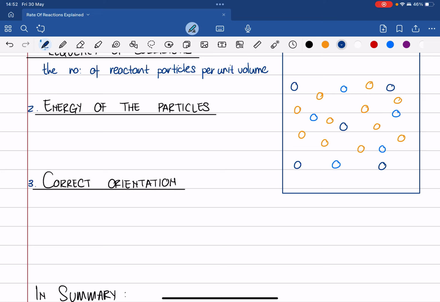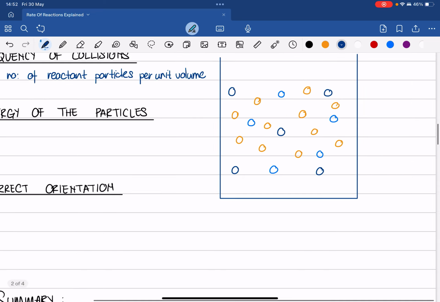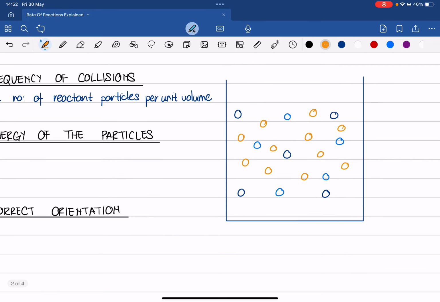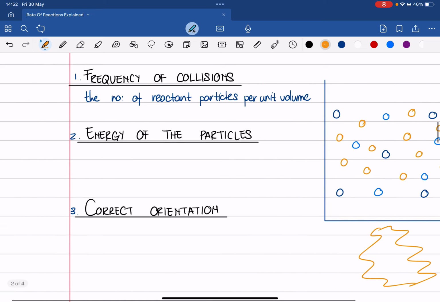So, if we wanted to increase the energy of these particles, what we would do is that maybe we would add a heater there at the bottom, a Bunsen burner at the bottom of this beaker, and would increase the temperature. Because when we increase the temperature, all the particles increase in kinetic energy. All right, so that's the first thing.